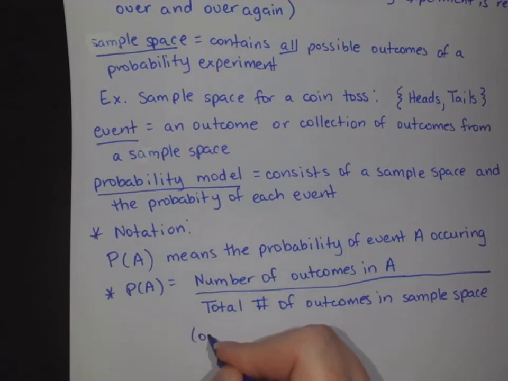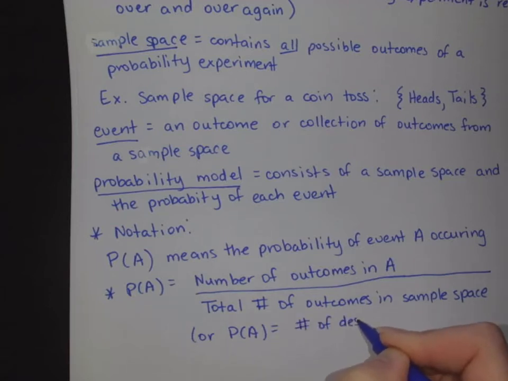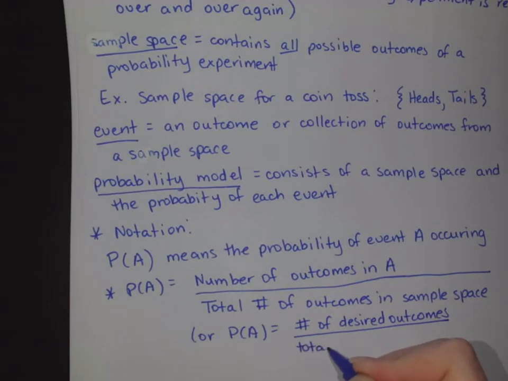I usually word it a little bit differently, but the probability of A is basically the number of desired outcomes over the total number of outcomes. In other words, how many of what you want to happen are there, that goes on top, and how many total options are there, that goes on bottom.